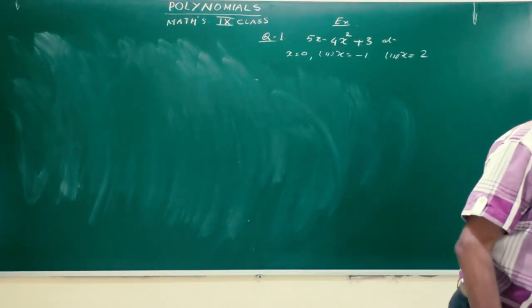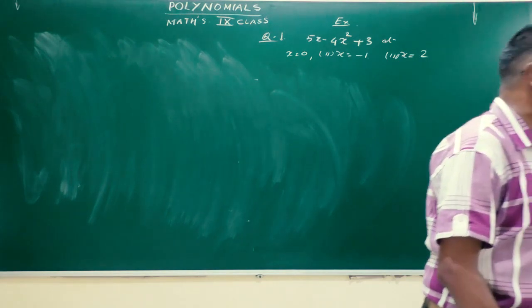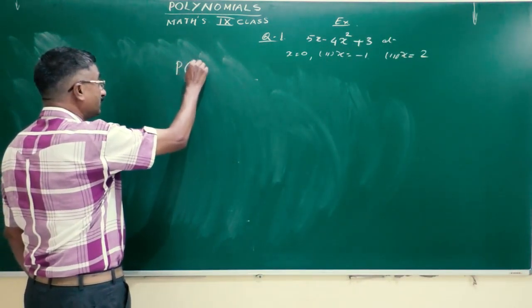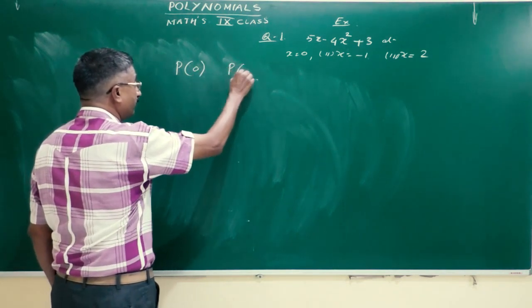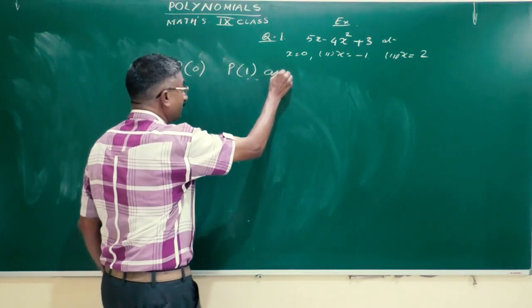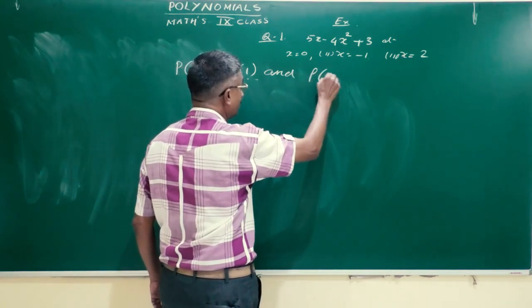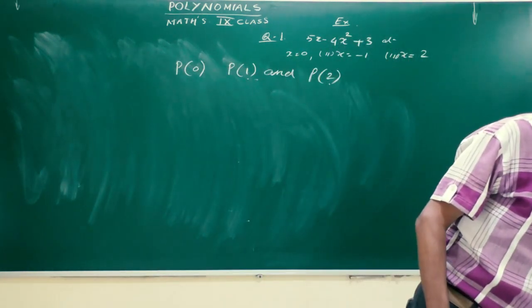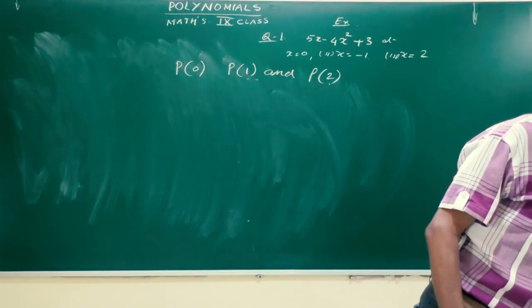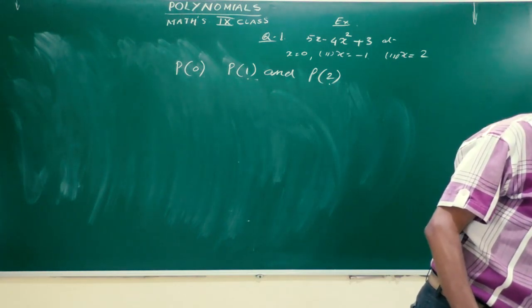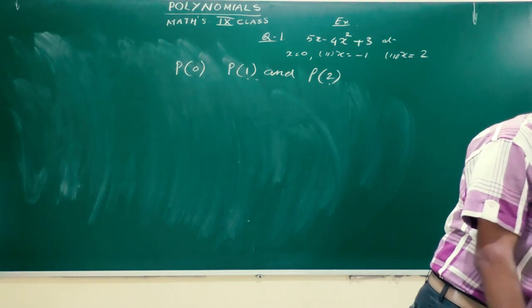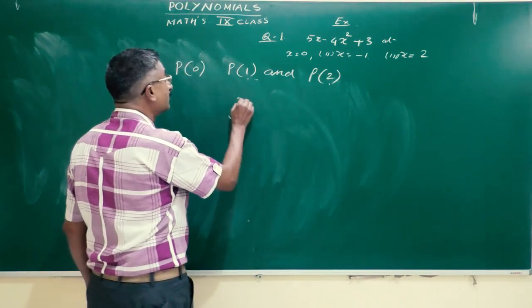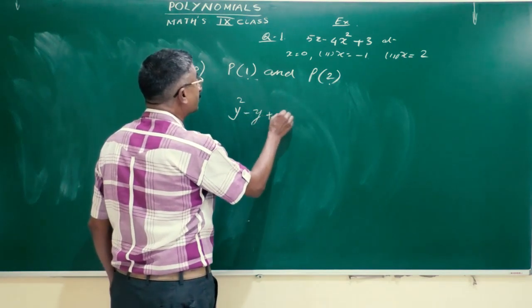Next one, question number 2. We have to find out P0, P1 and P2. Find P0, P1, P2 for each of the following polynomials. p of y is equal to y square minus y plus 1.